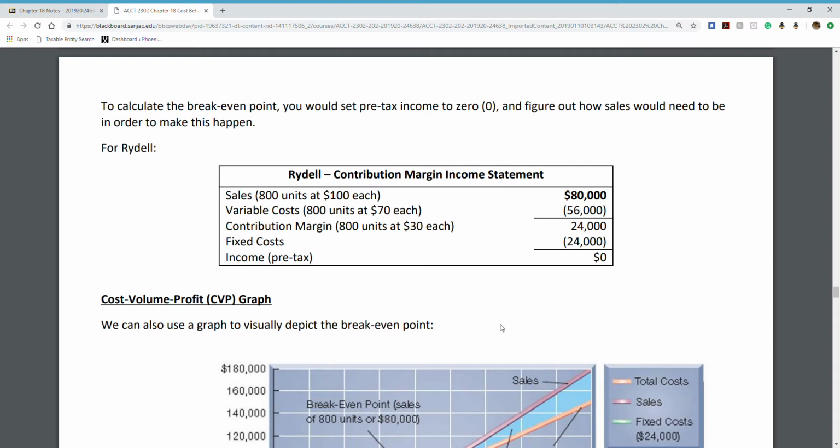So fixed cost would have to be 24,000 to make 0. Okay, and we're going to use this a little bit later just so you can see how this kind of backs up into itself in case we want to find cost and stuff like that.